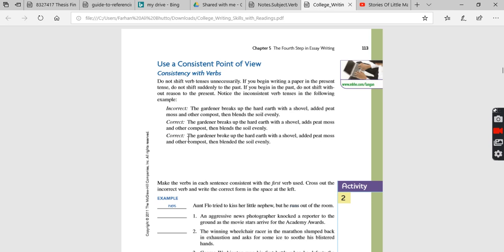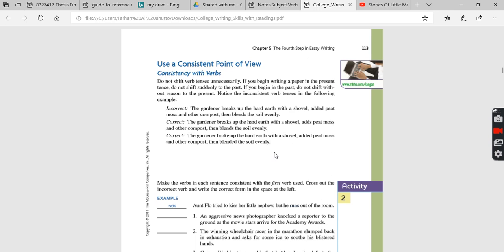The second possibility is, the gardener broke up the hard earth with a shovel, added peat moss and other compost, then blended the soil evenly. Now in this sentence, you have kept all the verbs in past. So you can either keep all the verbs in present to have this consistency with verbs, or you can have all the verbs in past.